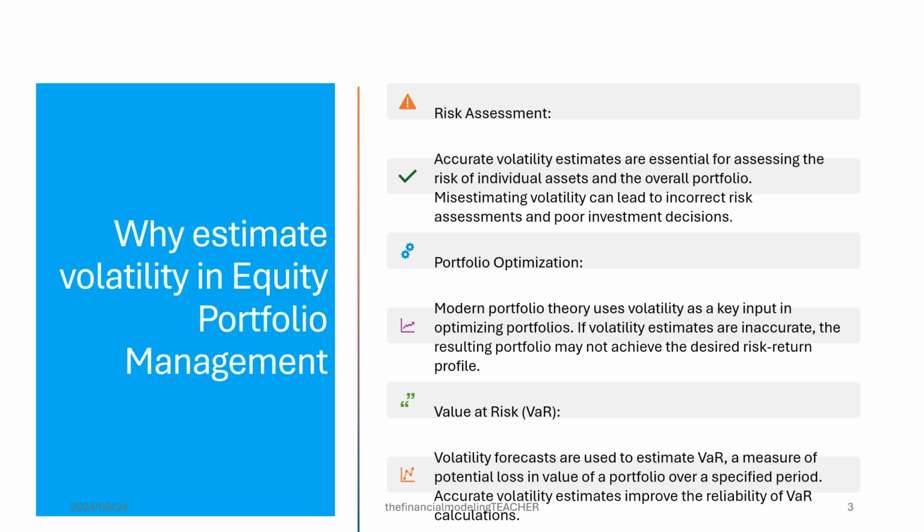Accurate volatility estimates are essential for assessing the risk of individual assets and the overall portfolio, so a misstatement in the volatility can lead to incorrect risk assessment and poor investment decisions.